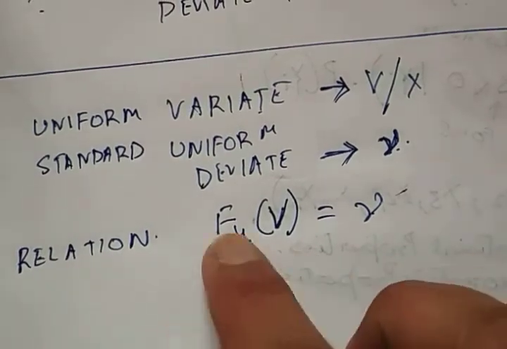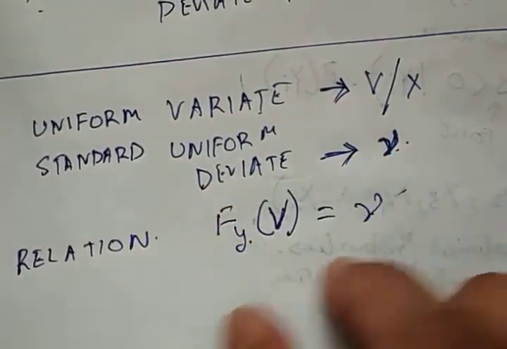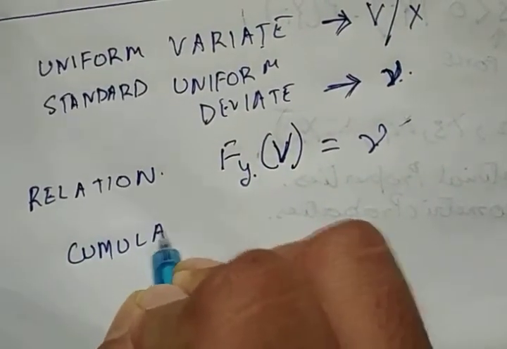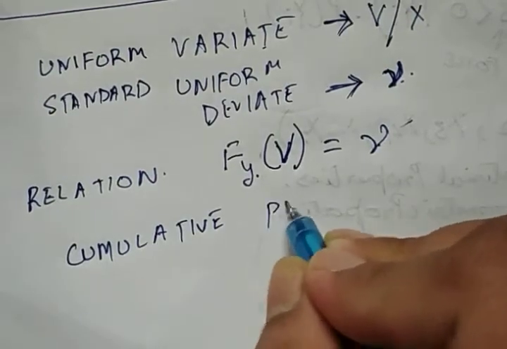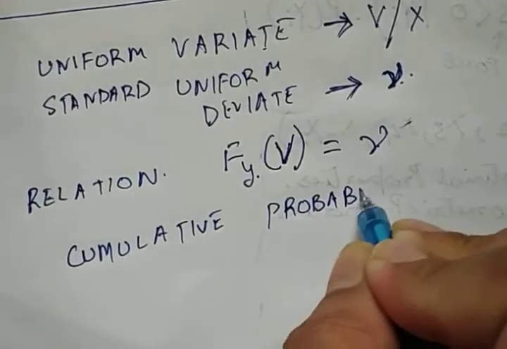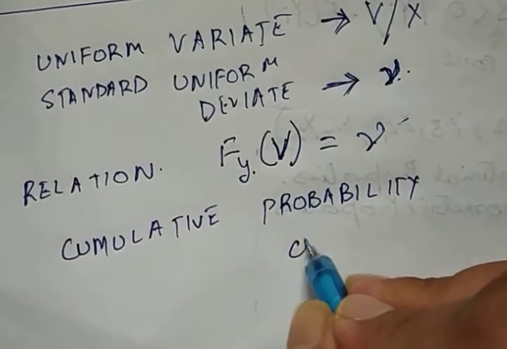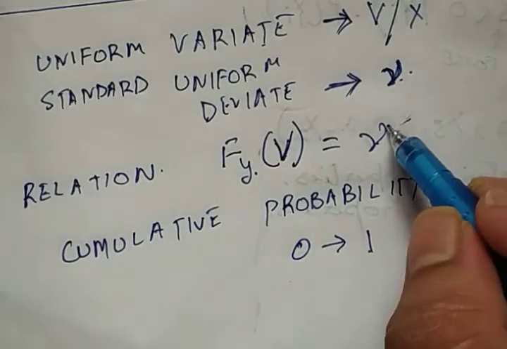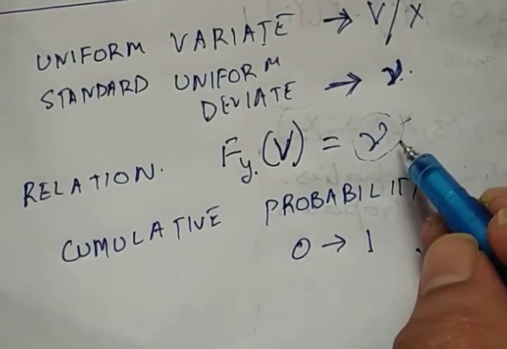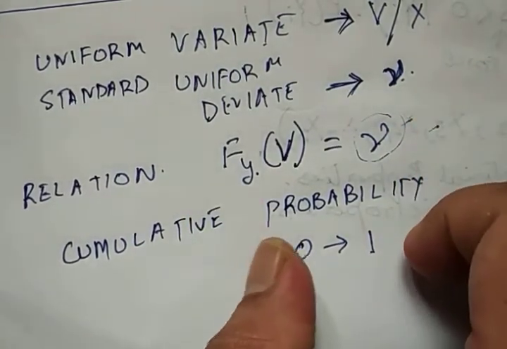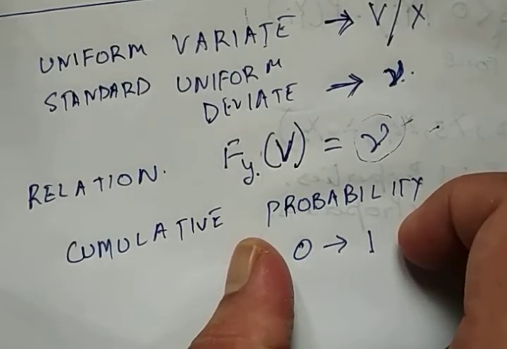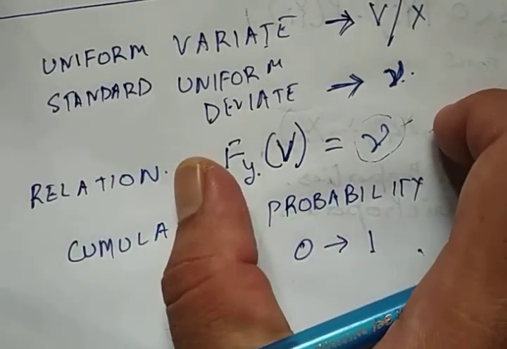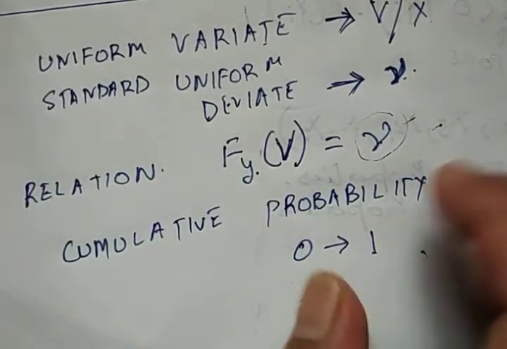Now what if I write this equation, how does it help me? I know my cumulative probability will always range from 0 to 1. As a result, this small v value is also going to range from 0 to 1. Now what I have done is I have put a restriction here so that my values don't go astray. They do not give some impractical values.